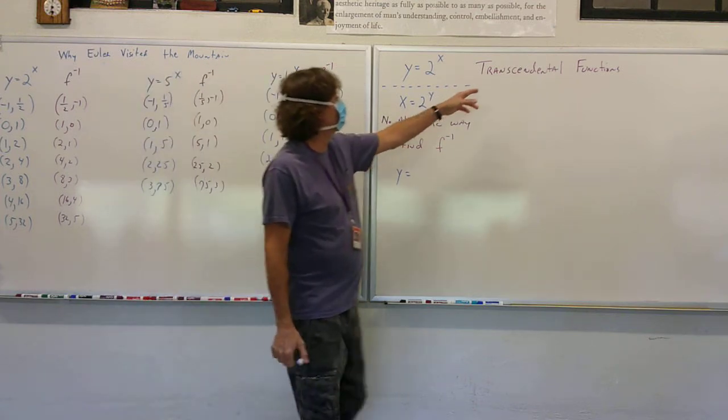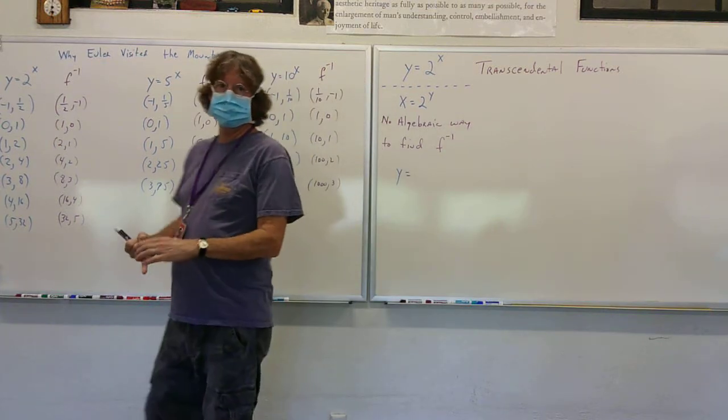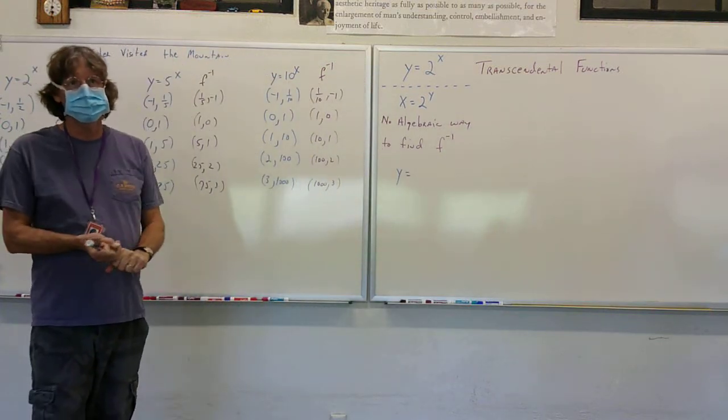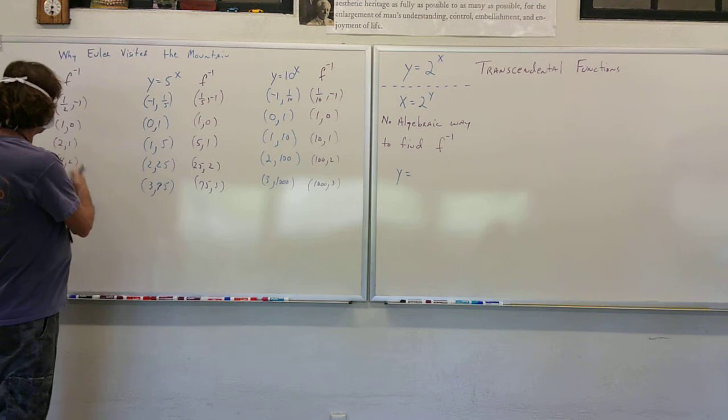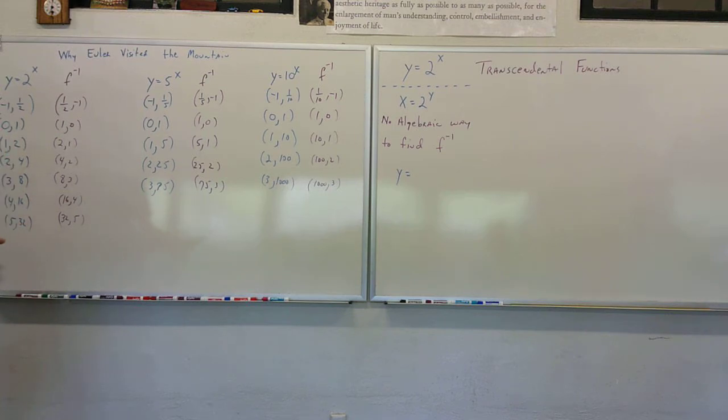Well, what transcendental functions do is they go, okay, we know there's these inverse functions. We know the values of them, but they're not algebraic. So we're going to have to give them a name that fits what they do. And that's a transcendental function.